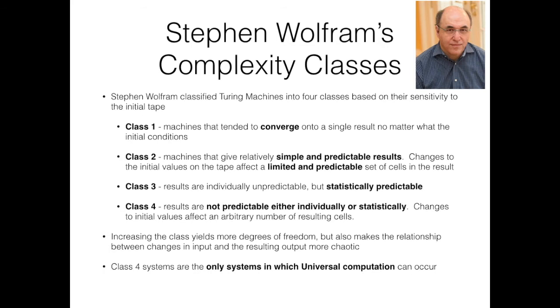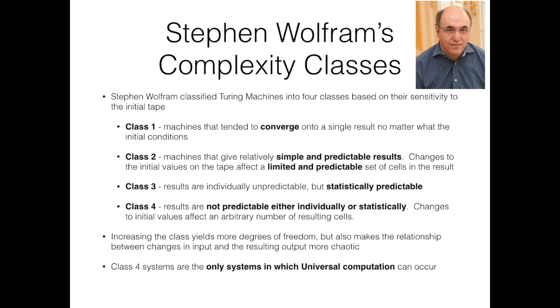When you change an initial value, it affects an arbitrary number of resulting cells on the tape. So there's not a predictable relationship between the way that you change the input and the way that you get the output.